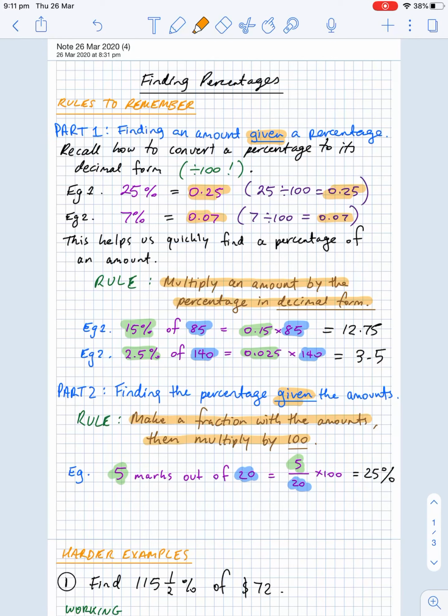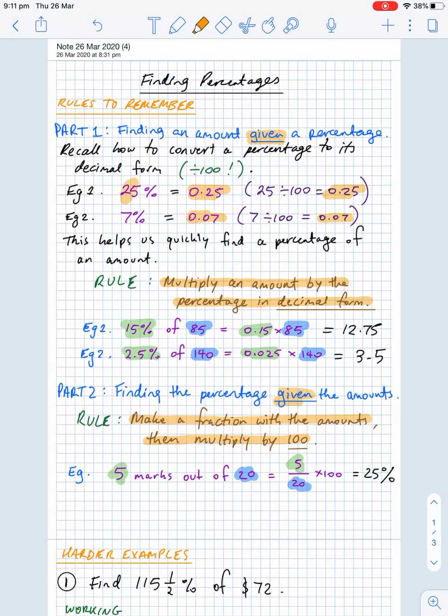Okay, so when I give you the percentage and you want to find the amount, what you need to do is recall how to convert that percentage I give you to its decimal form. The way to do that is to divide that percentage by 100. So you could just do that in a calculator if you wanted to.